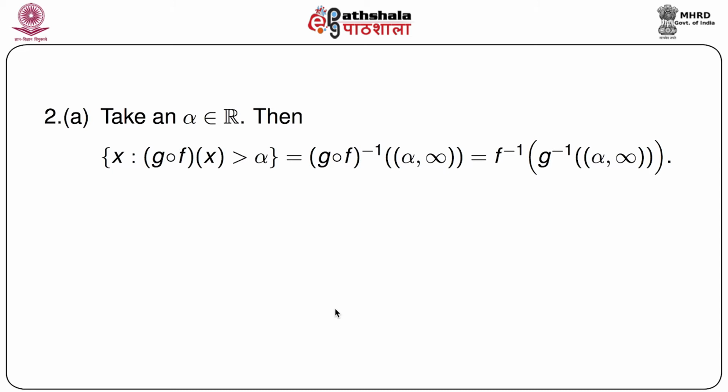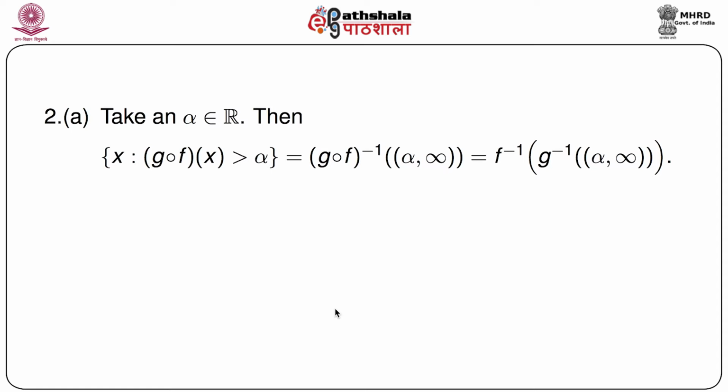So first one, let us take any real number alpha, that alpha belongs to R. Then the set of x's such that g composition f of x is greater than alpha. That means for what values of x this g composition f will be greater than alpha.